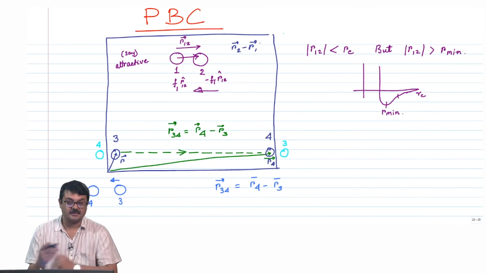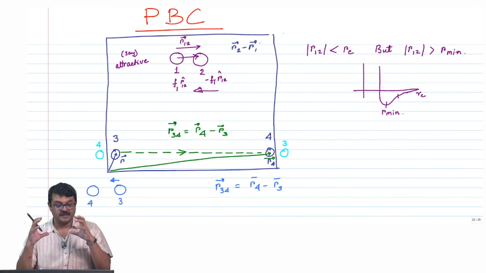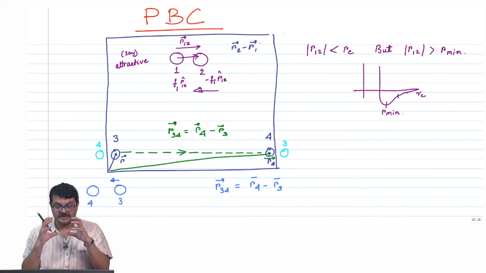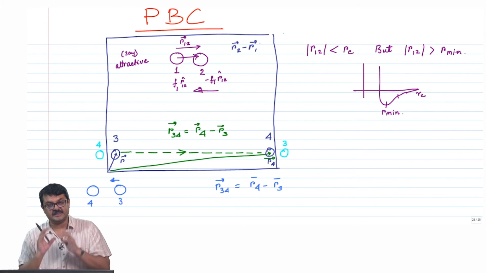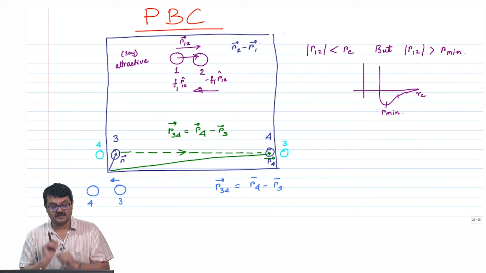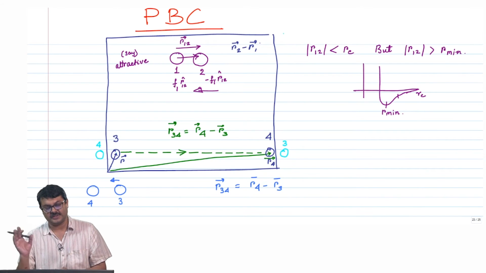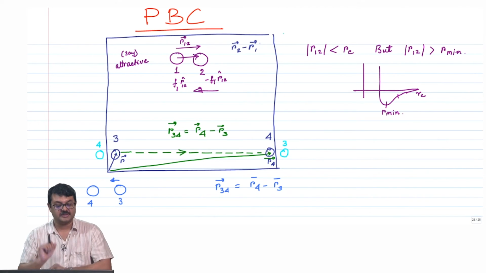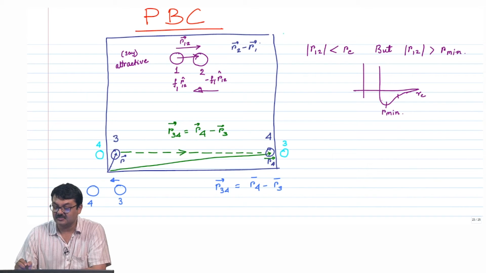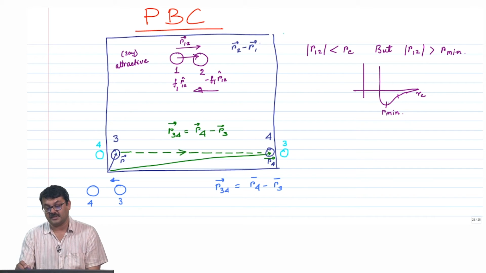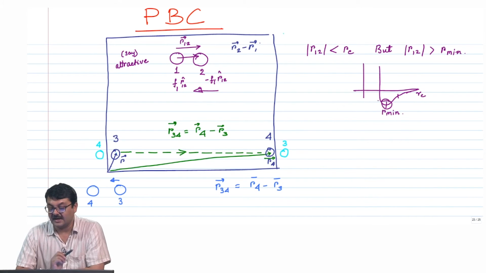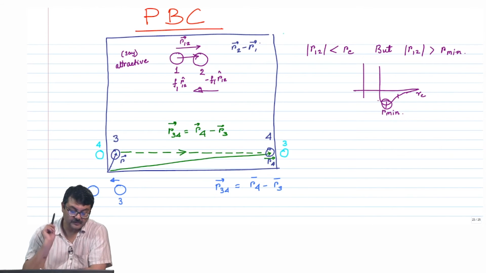So, if these are two particles, they have an attractive force, so they will start moving towards each other, assuming they start from 0 velocity. There is no initial velocity, they would move towards each other till the distance between the particles becomes somewhere here, where there will be a repulsive interaction. Actually, a repulsive interaction will start acting as soon as the distance between particles becomes less than R min, right.